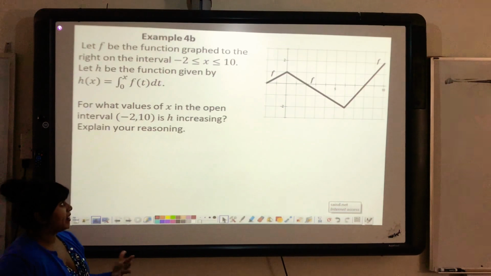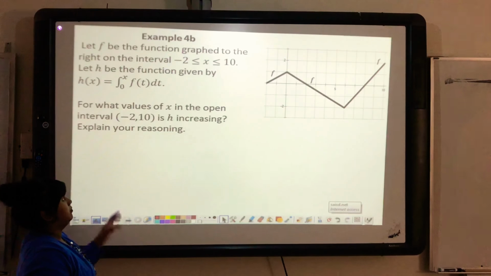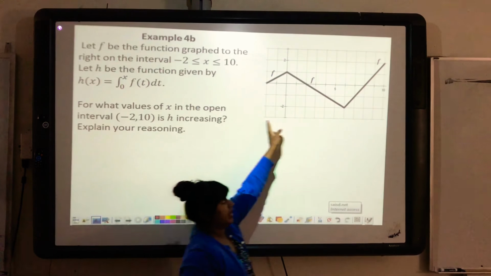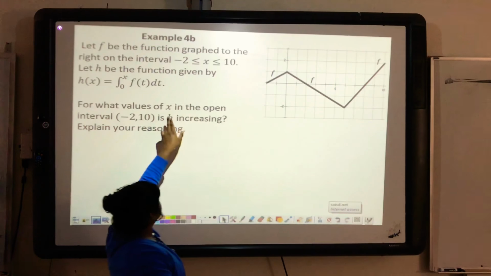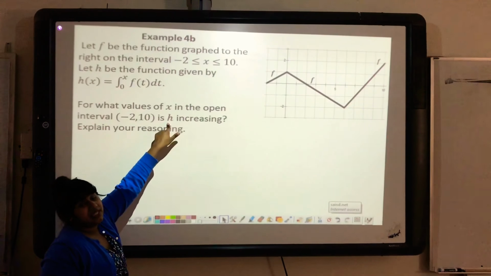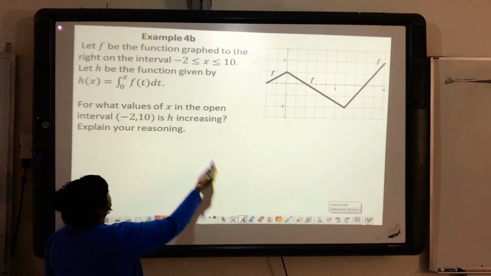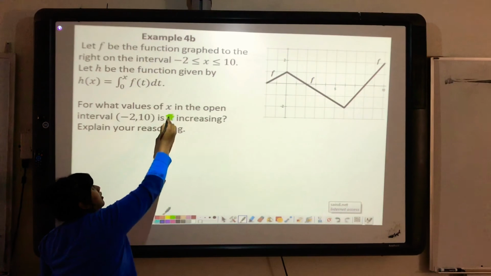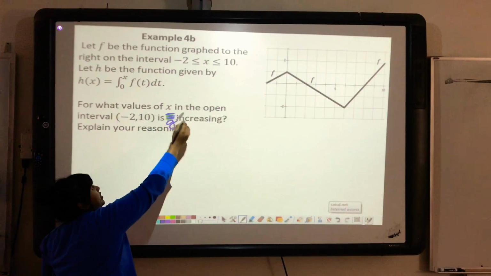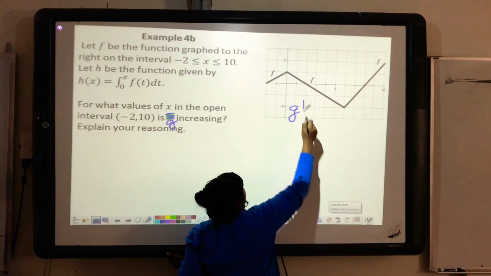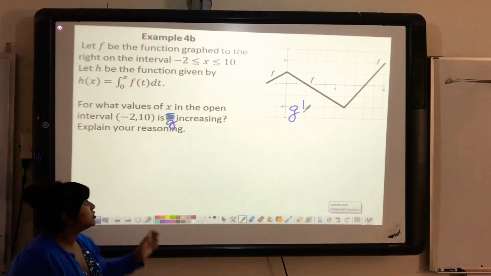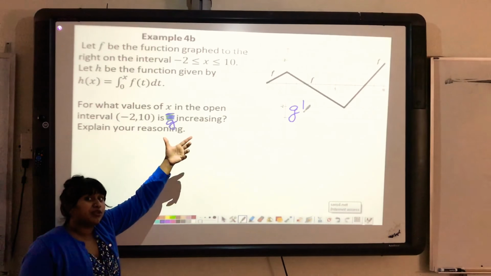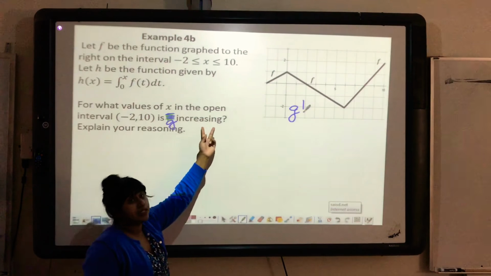For what values of x? So we're searching for x. X equals what? In the open interval from -2 to 10. So that means our entire graph that we see is where h is increasing. So again, we know that h is actually g, and this is g prime. So what do we know about the relationship between g and g prime and increasing? Well, g prime is going to tell us increasing, decreasing.